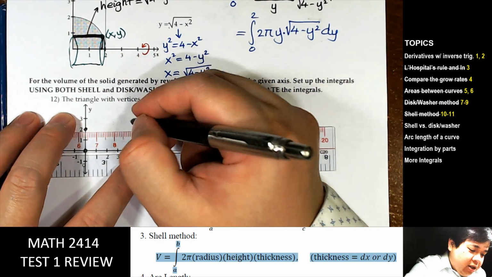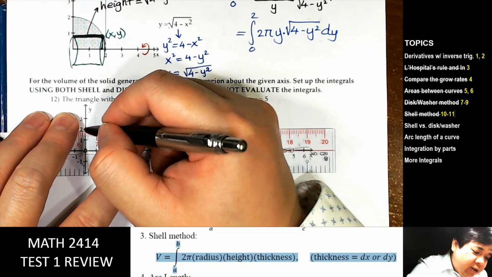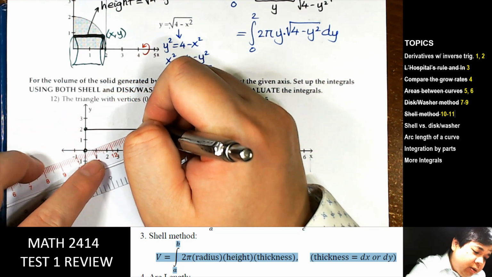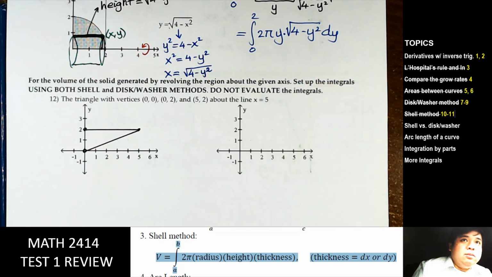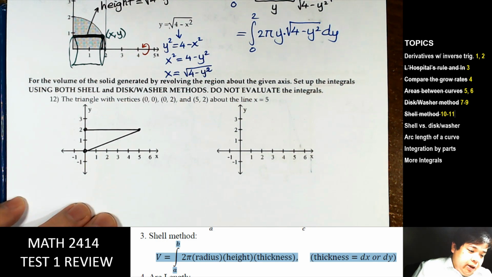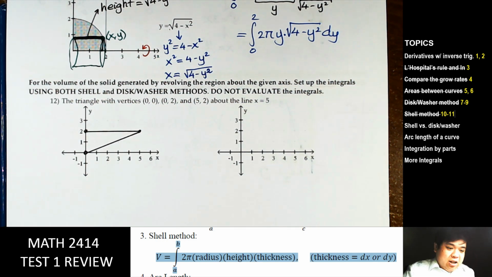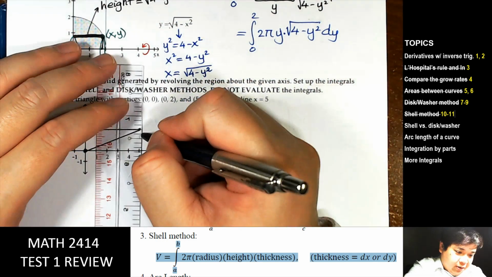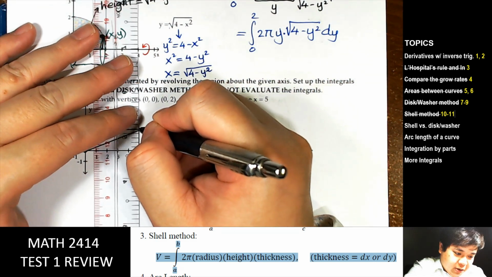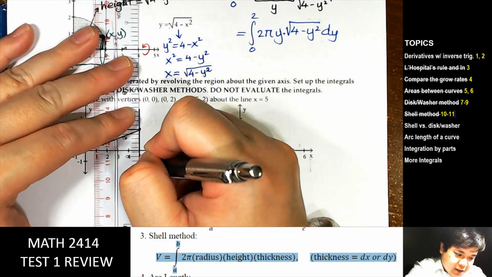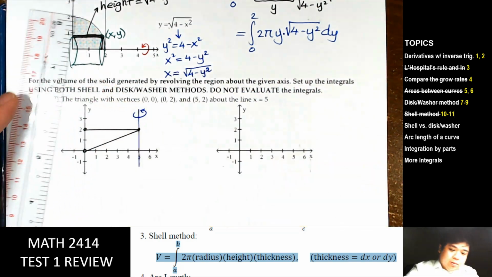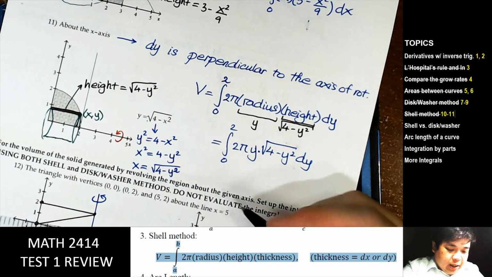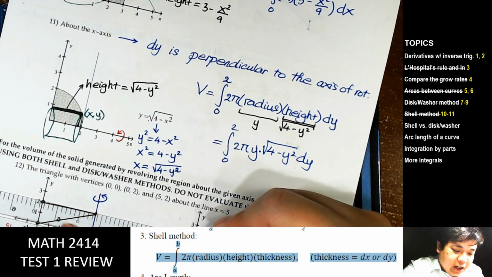So that is the triangle. Right, and it rotates about the axis of rotation x equal to 5, which is this vertical line here.